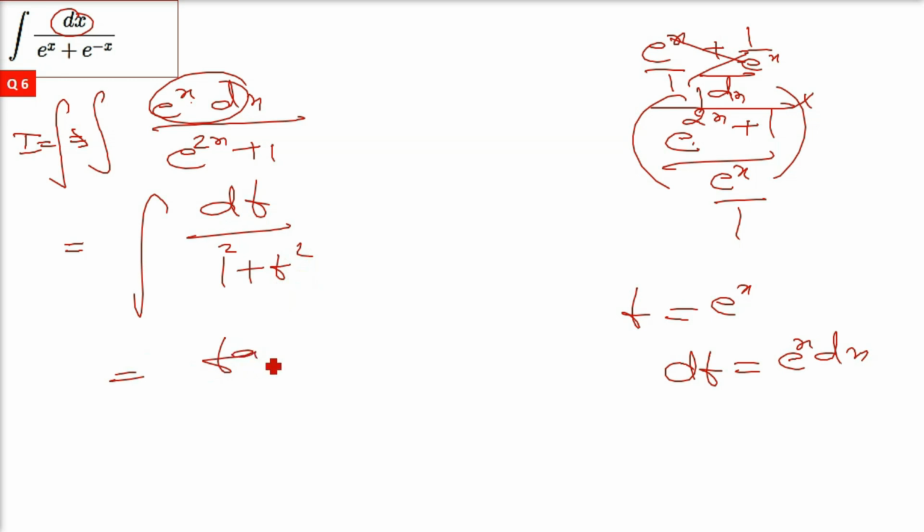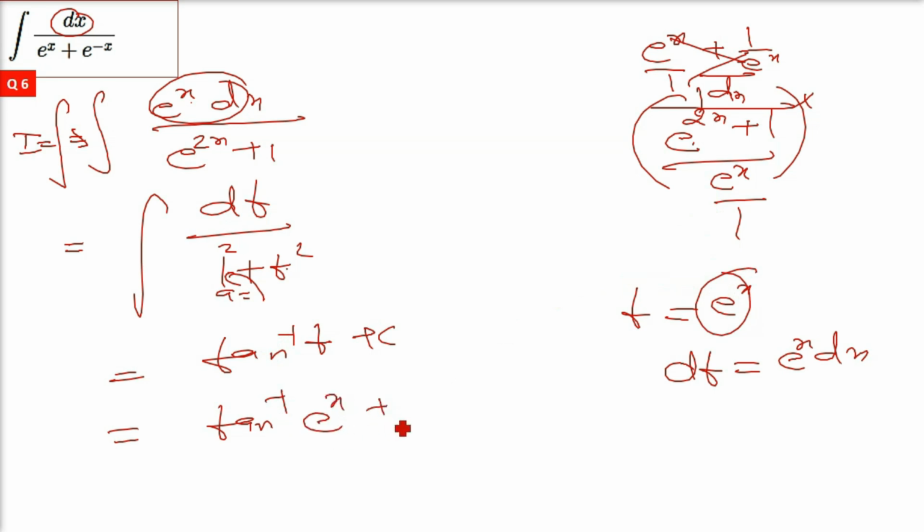The formula is 1 by a tan inverse x by a, with a square plus x square. A is 1, so don't worry about a. It will be 1 by 1, tan inverse t by 1. So you can just write it as tan inverse t plus constant of integration. But t was taken as e raised x. Let's replace it here now. Tan inverse e raised x plus constant of integration is your final answer.